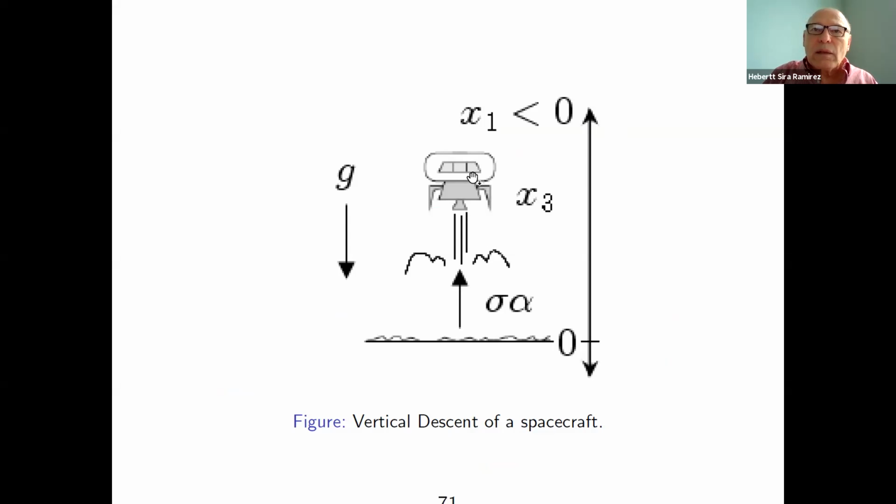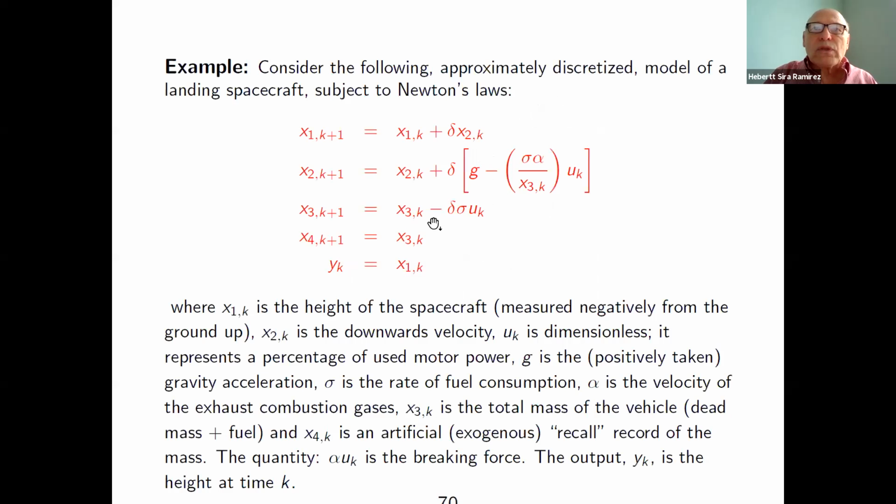And you're interested in diminishing the height of this spacecraft and arrive at the zero level of the surface with zero velocity or very small velocity, so that you can safely shut off the motor and then descend for 1 meter or so into the surface with no force being applied. That is a typical control problem, and Newton's second law can be directly applied.